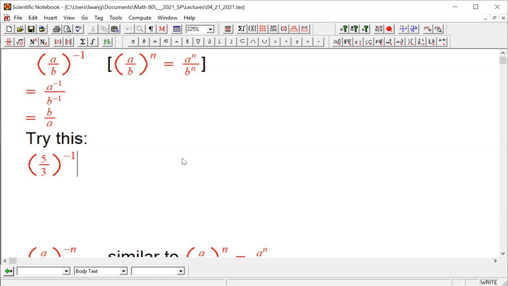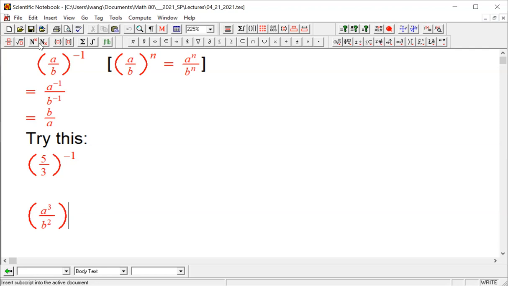If you are done earlier, try the next one, which is a to the power 3, b to the power 2, and then to the power of negative 5.